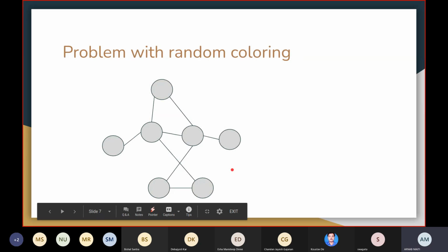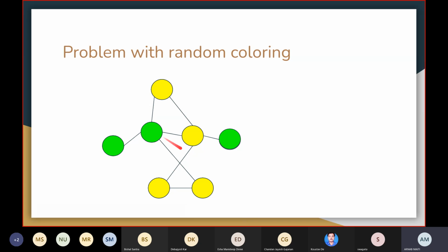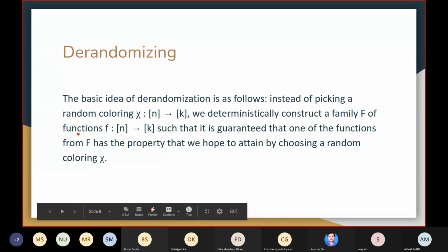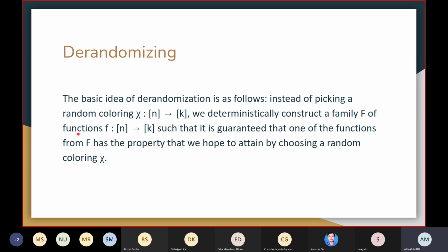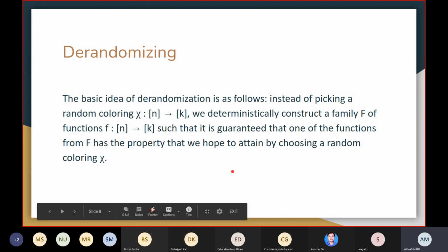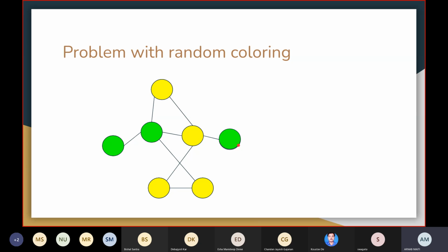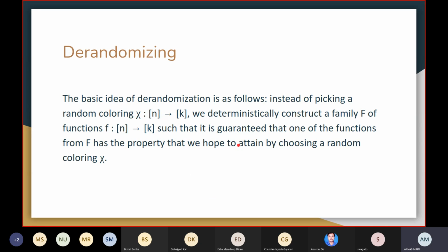But if we color randomly, it might happen that even though such a path exists, here you can see this path exists if k is equal to 4, it was colored in such a way that it will falsely tell me that such a path does not exist. So we do something called de-randomizing. Instead of picking a random color, we construct a family of functions f such that one of the functions will guarantee that all the vertices of this solution are colored differently. That's what we want.